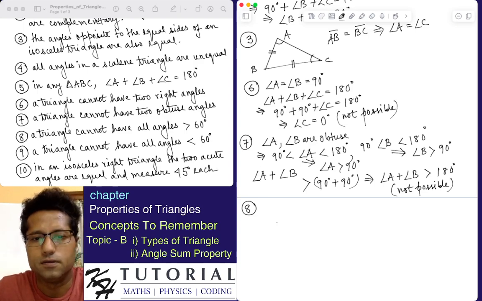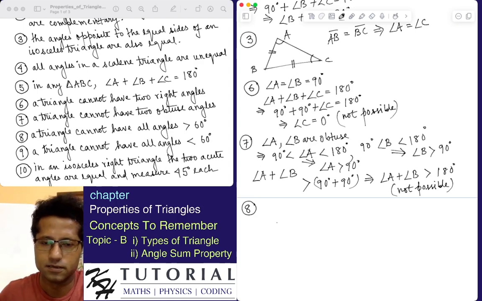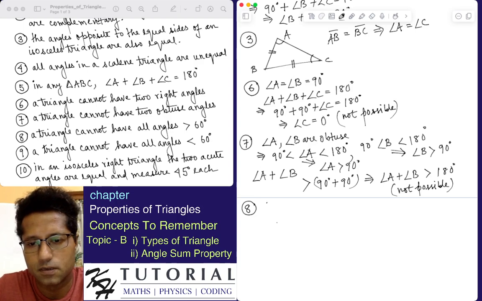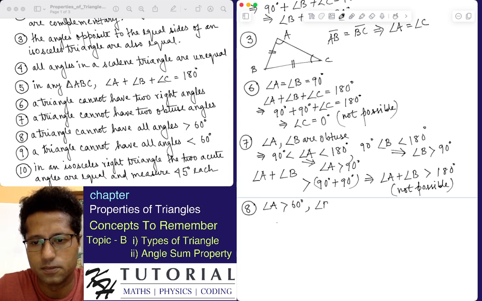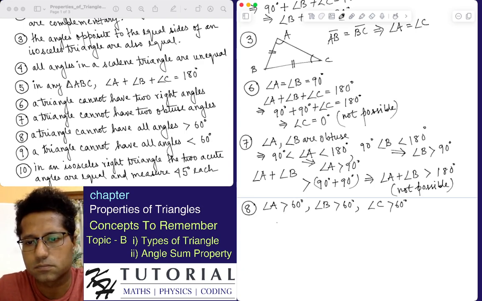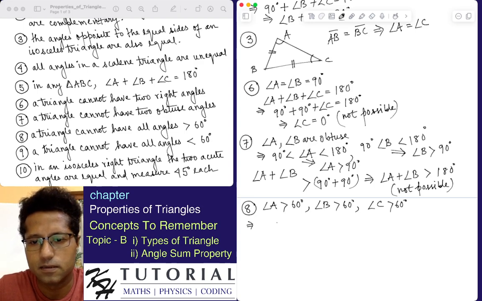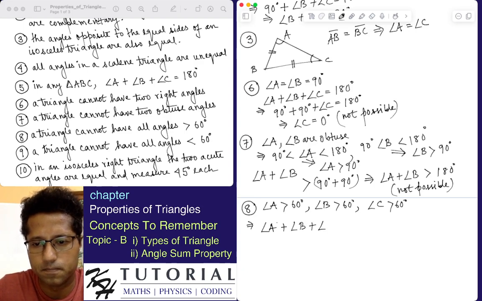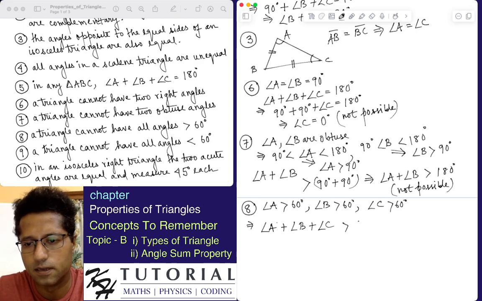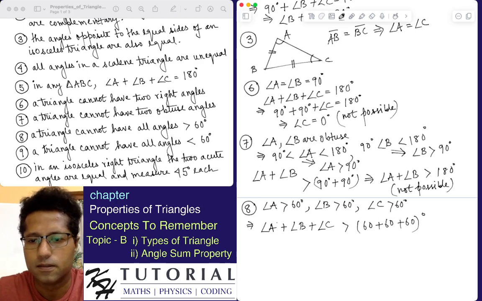Now, let's say all the angles A, B, C in a triangle ABC are greater than 60 degrees. Now, this will imply that angle A plus angle B plus angle C will be greater than 60 plus 60 plus 60 degrees, which is equal to 180 degrees.